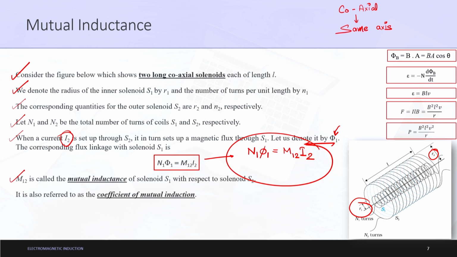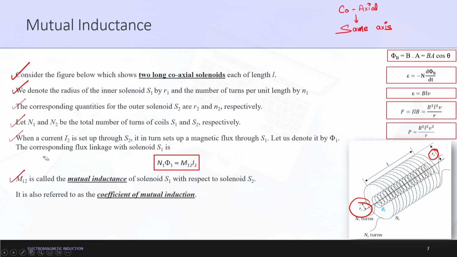Everything has been dealt with very clearly. Hence, we got a new formula: the corresponding flux linkage with solenoid S1, please be sure it is solenoid S1, N1 phi 1 is equal to M12 I2. M12 is called the mutual inductance of solenoid S1 with respect to solenoid S2. It is also referred to as the coefficient of mutual inductance. So, either we will call it mutual inductance or coefficient of mutual inductance, mutual induction.